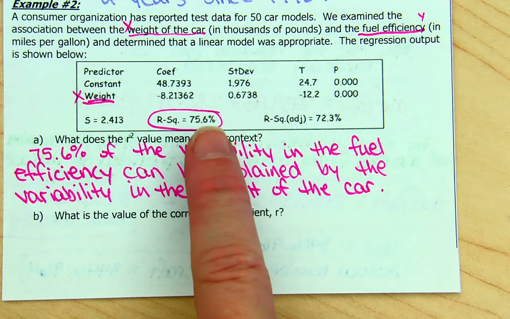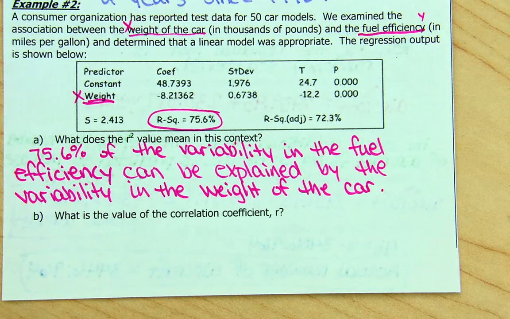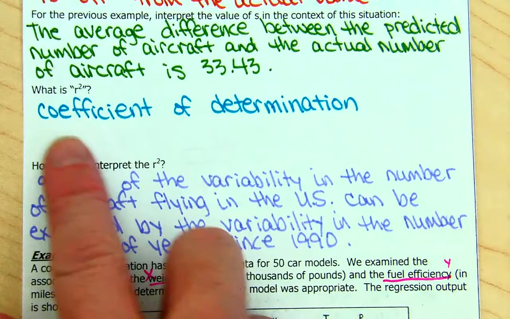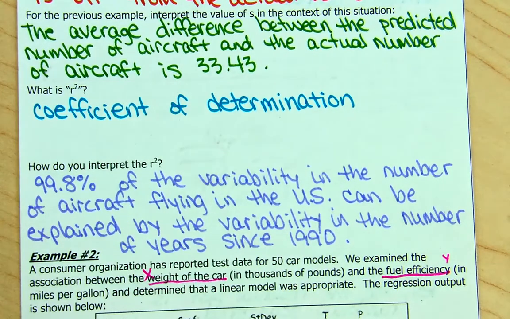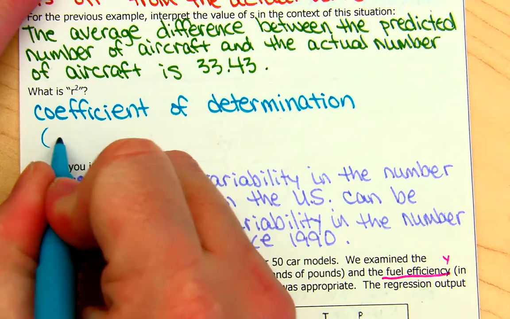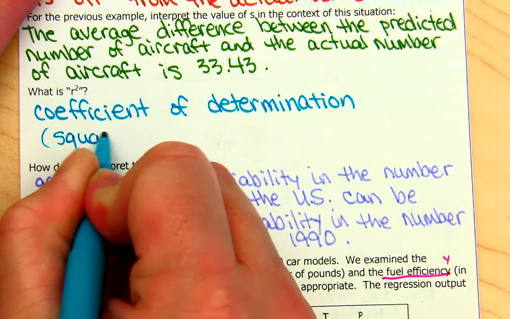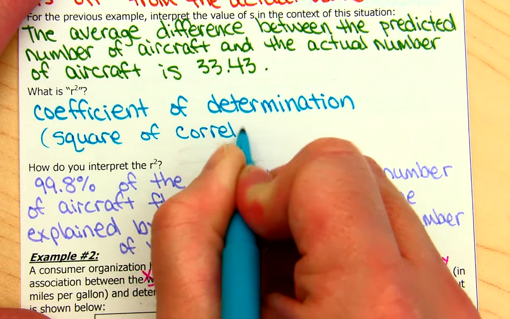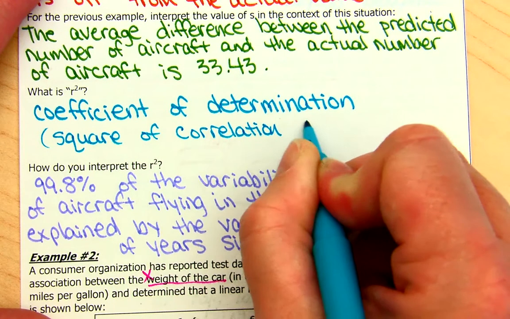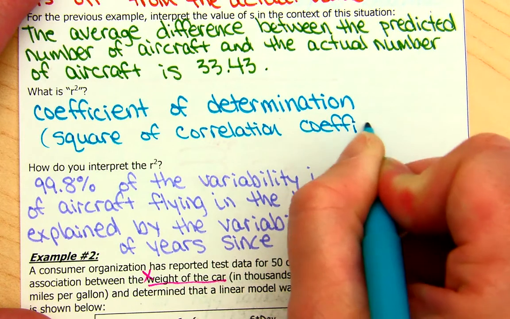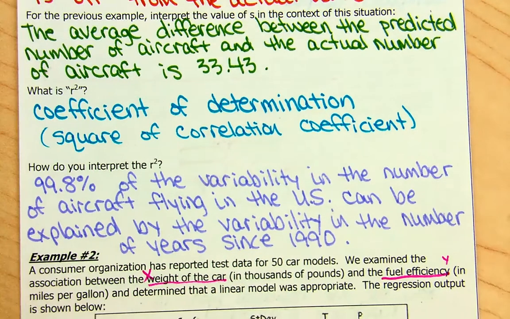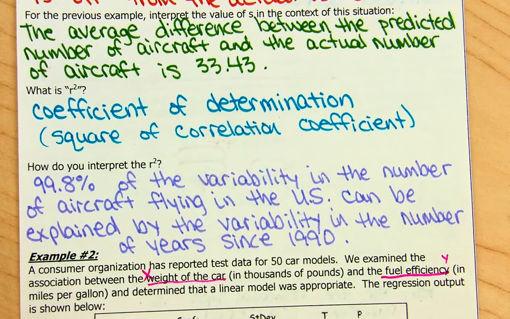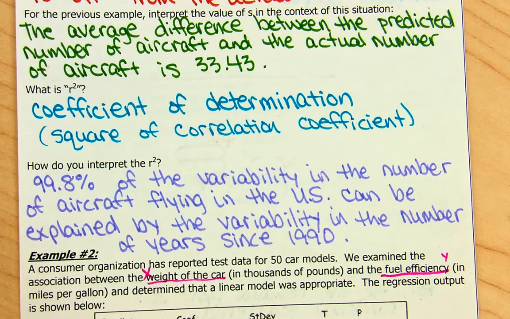We know R squared, we can take the square root of that to get R. These are related because the coefficient of determination is the square of the correlation coefficient. So if you're given R squared in the computer output, you can take the square root to find R.